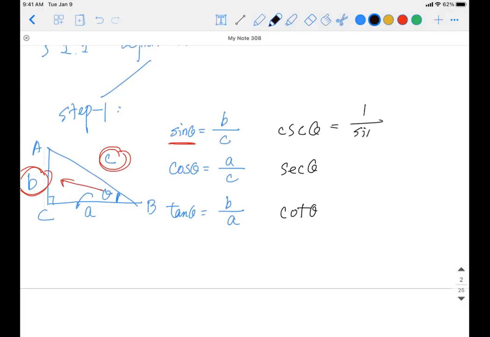Cosecant theta equals the reciprocal of sine theta, which is C over B. Secant theta equals the reciprocal of cosine theta, which is C over A. Cotangent theta is the most familiar one, the reciprocal of tangent theta, which is A over B. This is quite understandable, right?